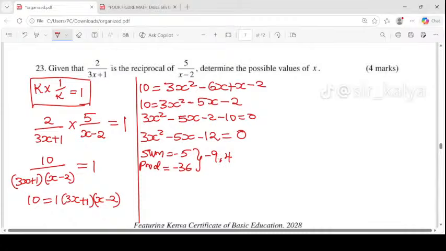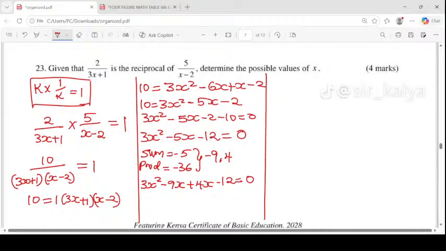So when you feed them back, this will be 3x squared minus 9x plus 4x minus 12 is equivalent to 0. You can see how simple the question was. Then you can factor out the common term.